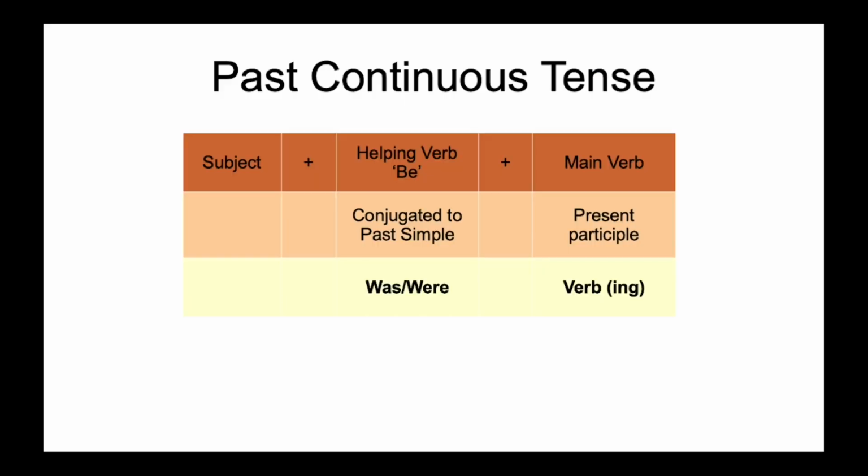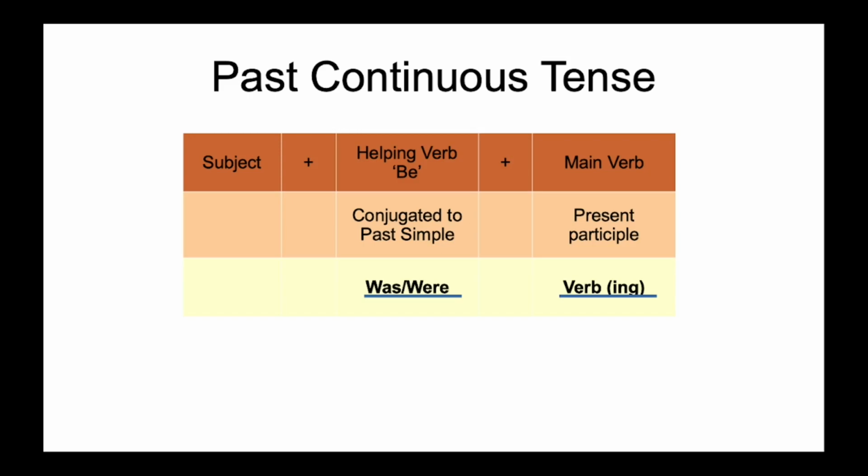Let's begin with the past continuous tense. We form this tense by combining was or were with the present participle of a verb. That's the verb in its ing form.